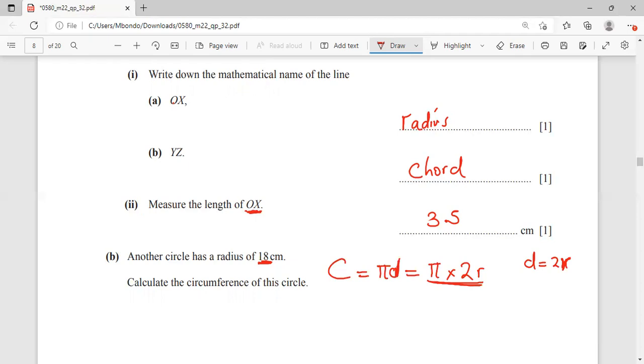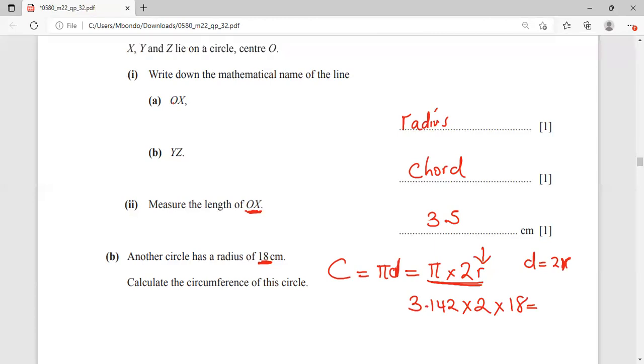All right. Where we are going to say, because what we are given is radius, we are going now to say pi, which is 3.142 multiplied by 2 multiplied by 18. What do we get? It's a question of us just punching these things or trying to work it out and see what we're going to get.